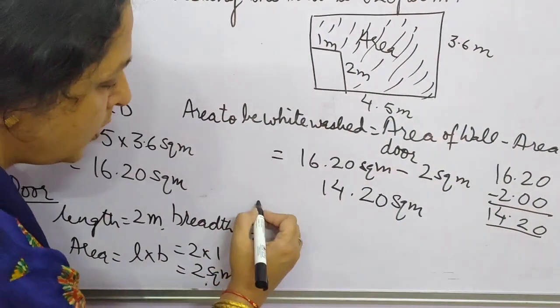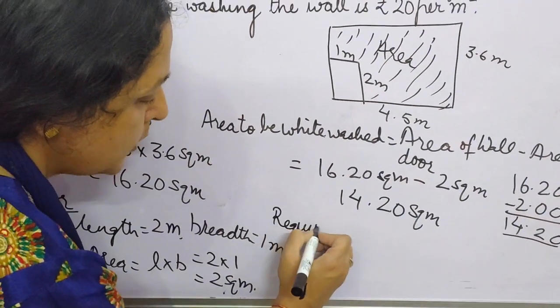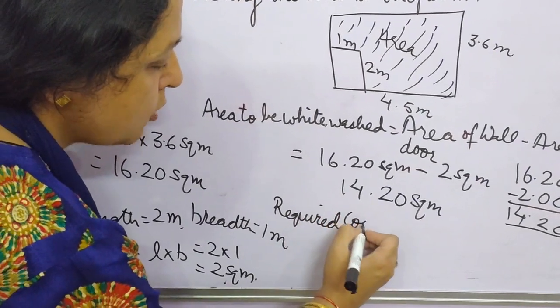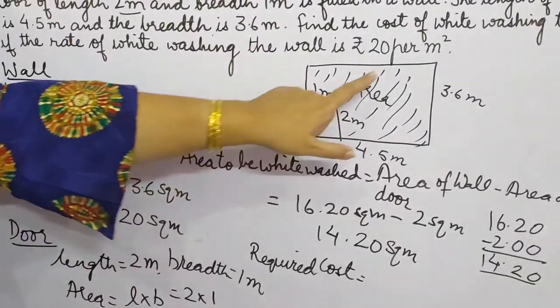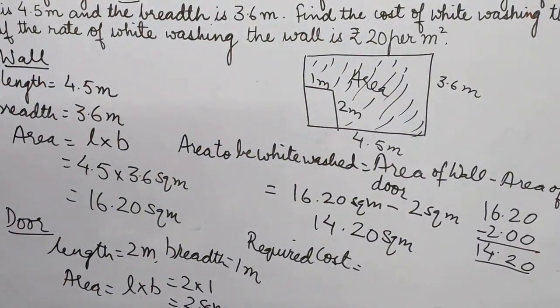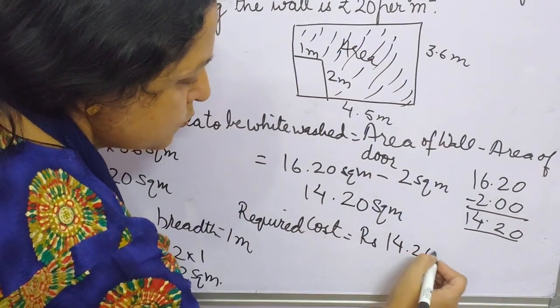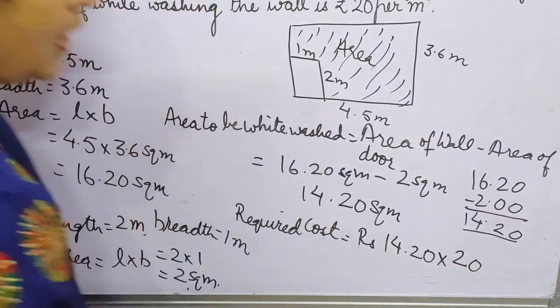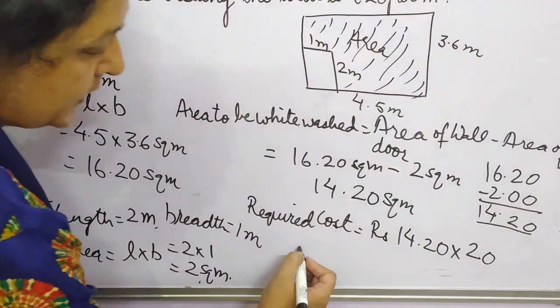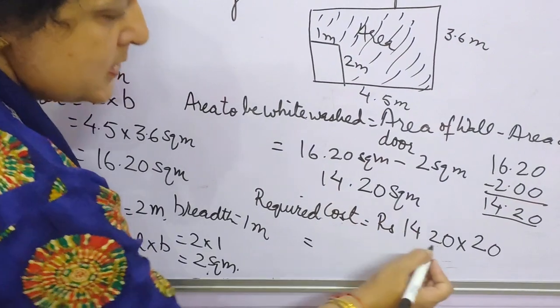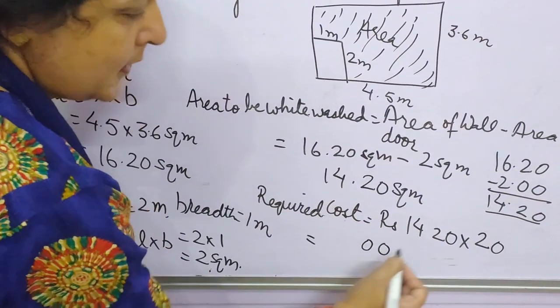So now what is the required cost of whitewashing? For 1 square meter, it is rupees 20. So if we are to whitewash 14.20 square meters, we are to multiply it by 20. Forget about the decimal, 2 zeros at the back.